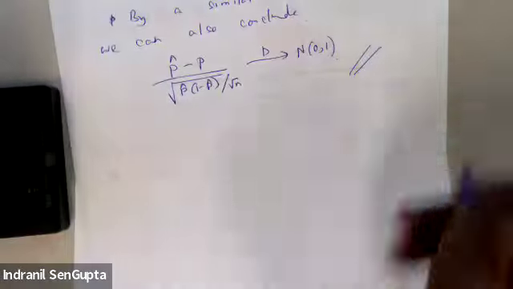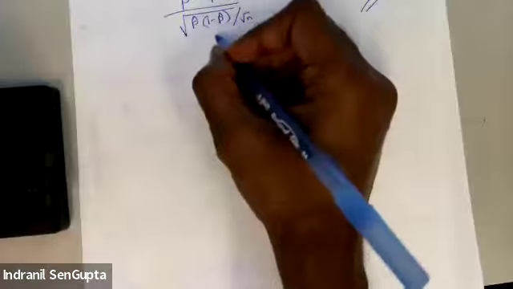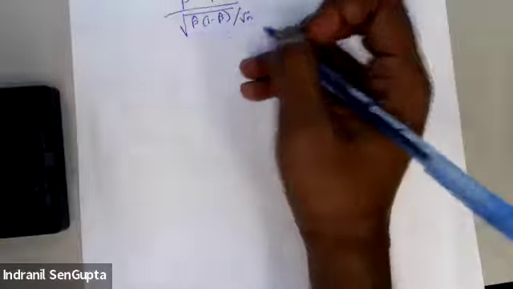Both are true. So p hat minus p over the square root with just p goes to the standard normal distribution. Also, if I replace the denominator by p hat, it's the same.